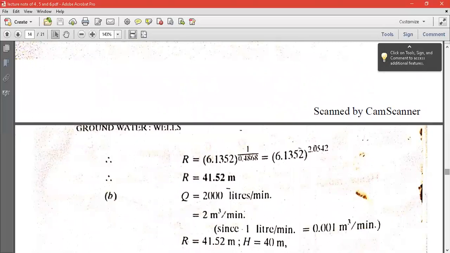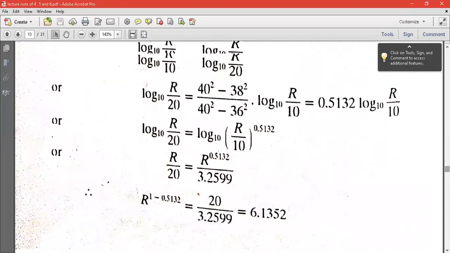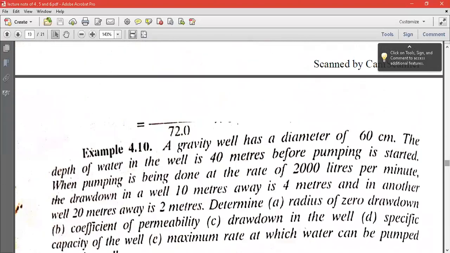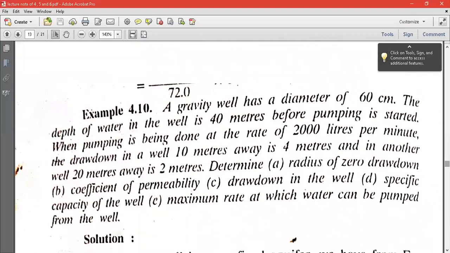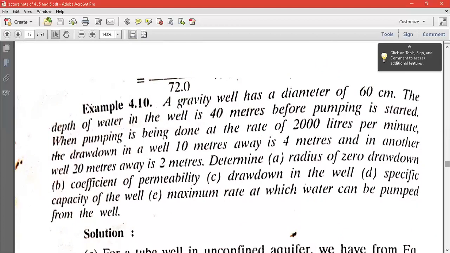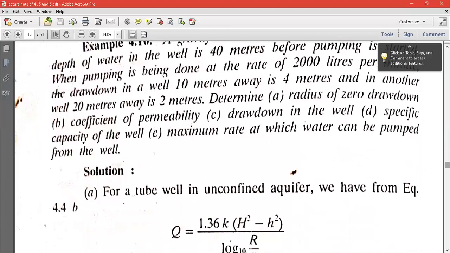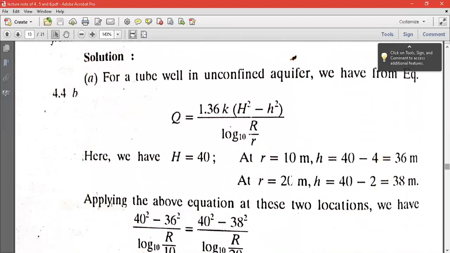This is one part which was asked in the question: what is the radius of zero drawdown? That means the radius of influence that we have calculated. Again I am telling, we just applied the Dupuit's formula considering the two cases, equating the same discharge in case 1 and case 2.